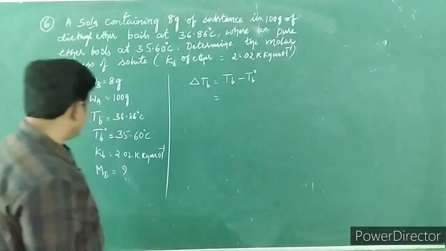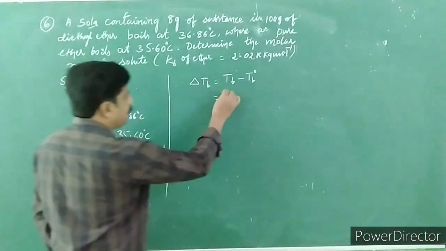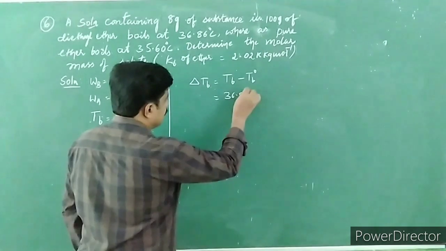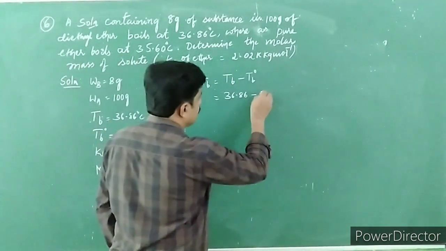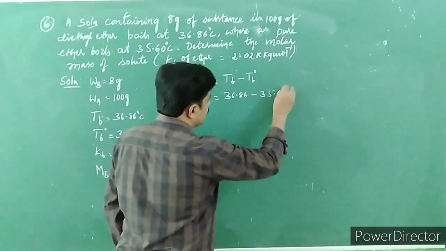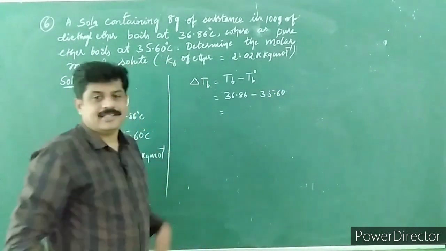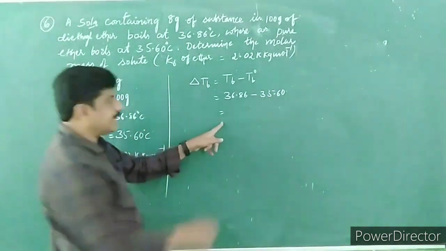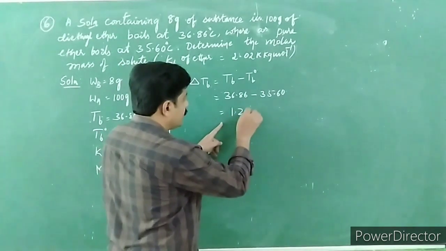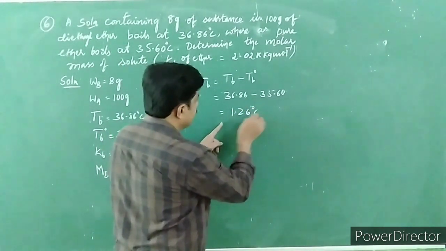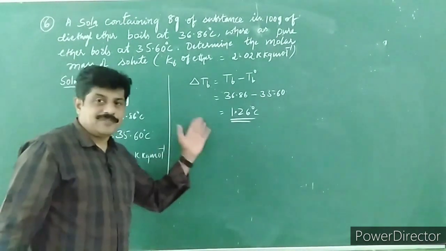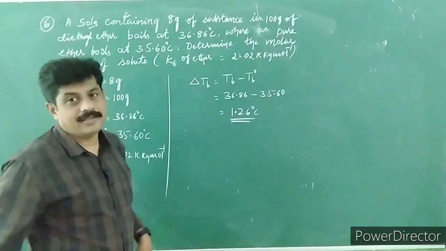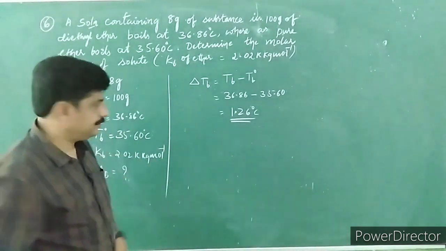What is the TB value here? 36.86 minus 35.60. Children, if you subtract here, you are going to get 1.26 degree Celsius. So this is what delta TB.